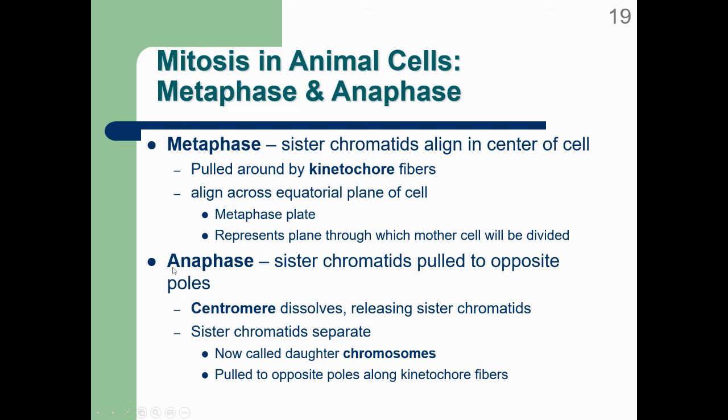Anaphase, I remember this as A is apart. The sister chromatids are pulled apart to opposite poles of the cell. So the centromere dissolves. That releases the sister chromatids. They are now separate, so now we call them daughter chromosomes, not chromatids. They're no longer attached to each other, and they're being pulled apart from each other.